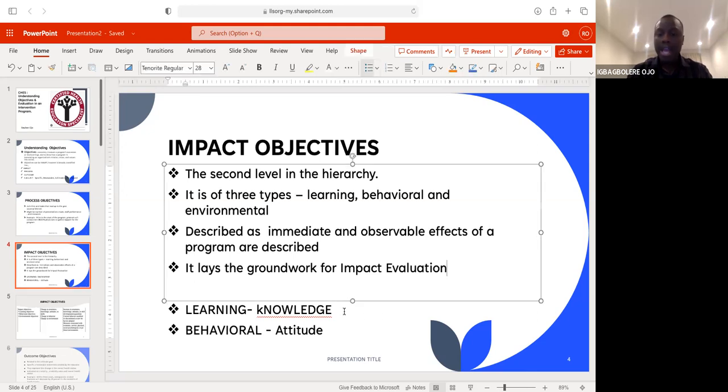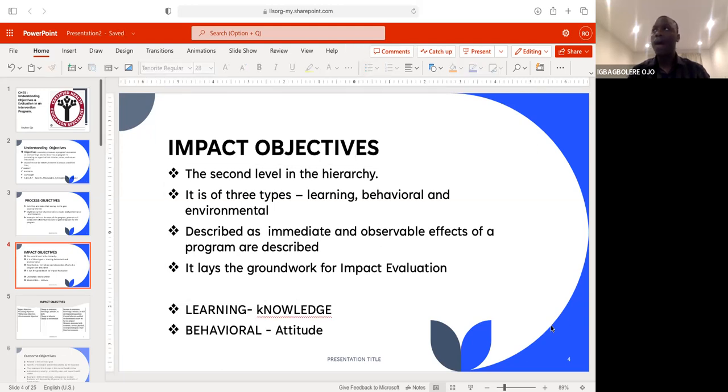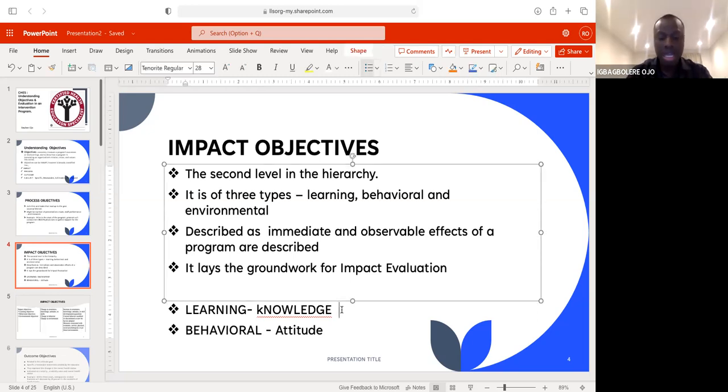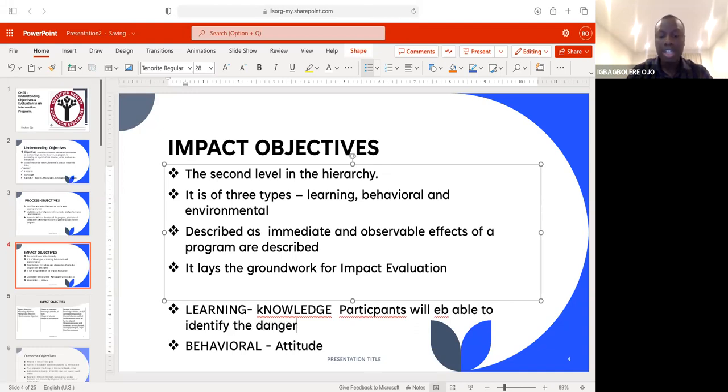So, a good example of a learning objective, if we are in a tobacco intervention program, would be: participants will be able to identify the dangers of secondhand tobacco smoking.